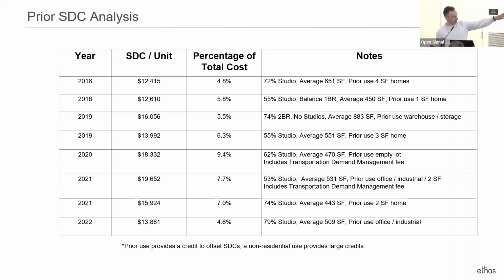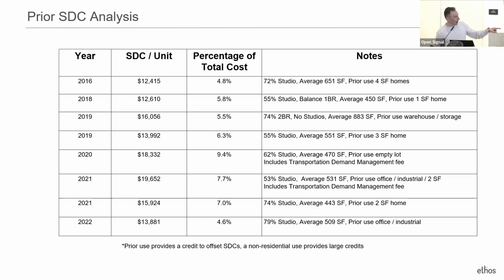The other part is what you are building. The smaller the unit, generally, the less impact fees are associated with it. On the right, I've got some notes about what they are. Generally, our buildings skew smaller, so there's some consistency, but it's not totally consistent. I just tried to give you a broad brush.